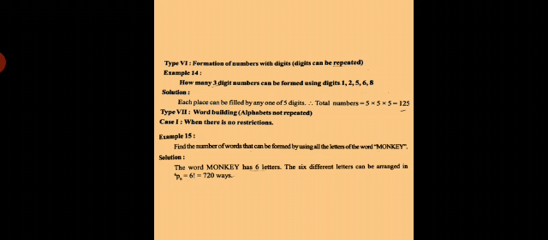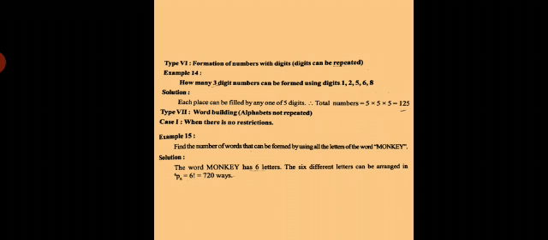Next type, that is 7th one, word building. So far till type 6 we discussed about the numbers. Now we see some word building, with alphabets which are not repeated. When there is no restriction, find the number of words that can be formed by using all the letters of the word MONKEY.